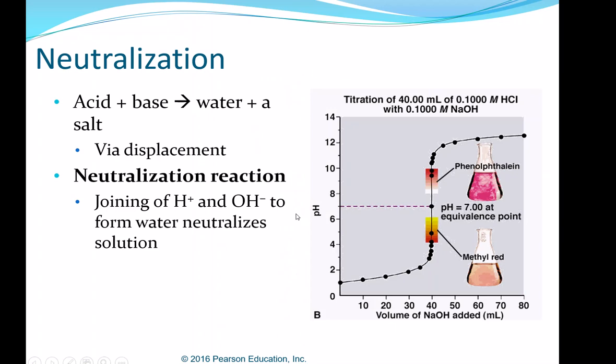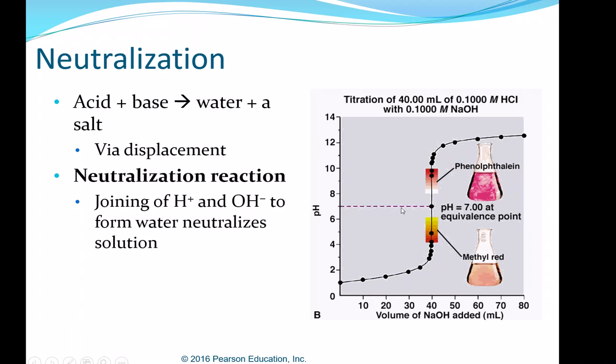When acids and bases combine, what we get very often is something called neutralization. We get at the end of the reaction water and some sort of salt. And that's what you're seeing here with what we call a titration curve. You can see at this point here, what we call the equivalence point, we have about equal amounts hydrochloric acid and equal amounts sodium hydroxide, and they've basically canceled each other out.